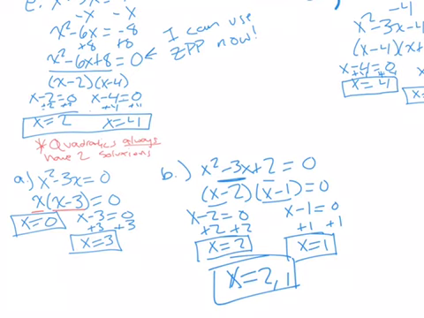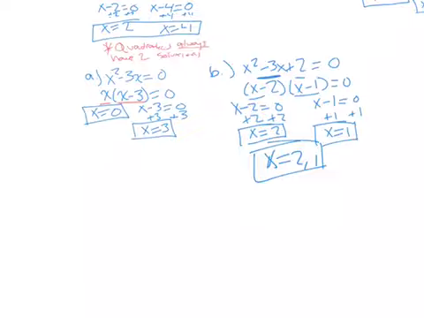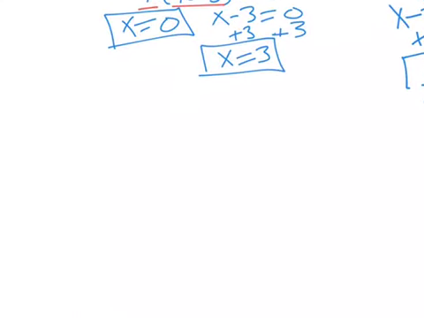What does letter C look like? Okay, so letter C is going to be, we'll do it right down here, C. That is negative x squared plus x plus 42. Well, first things first, you guys probably noticed we have that negative sign in there. So let's factor out that negative.